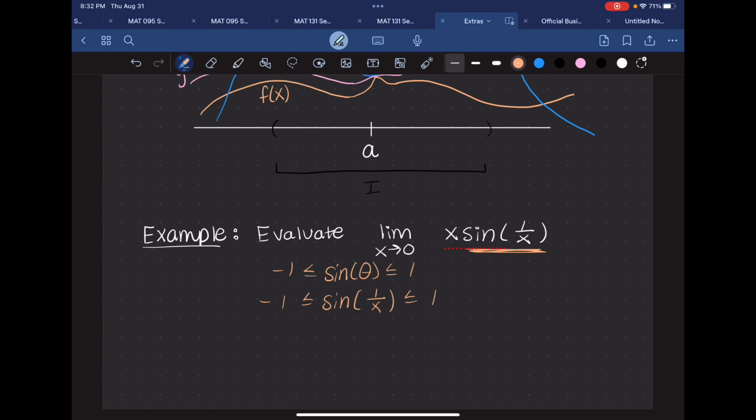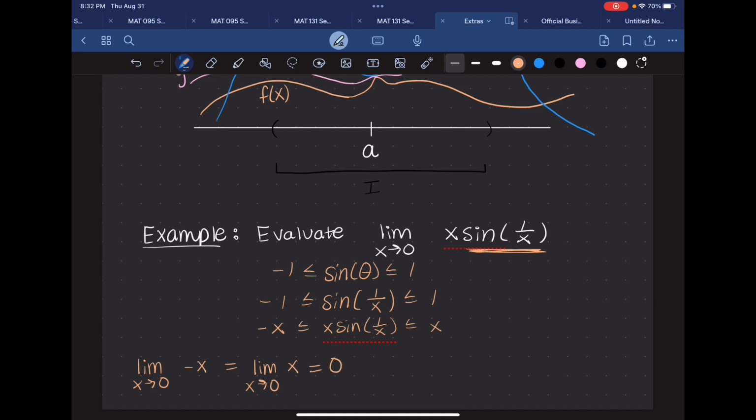And then I can use this inequality and multiply all sides by x. So I've got -x less than or equal to x sine of 1 over x less than or equal to 1 times x gives me x. And now I can notice that, hey, if I take the limit as x goes to 0 of -x, that's actually equal to the limit as x goes to 0 of positive x.